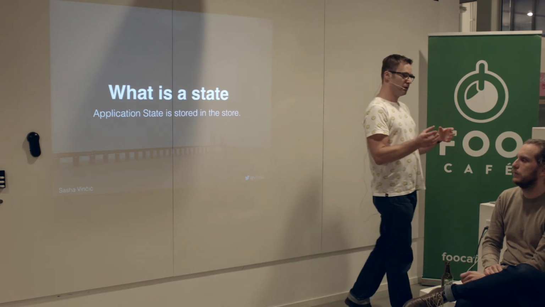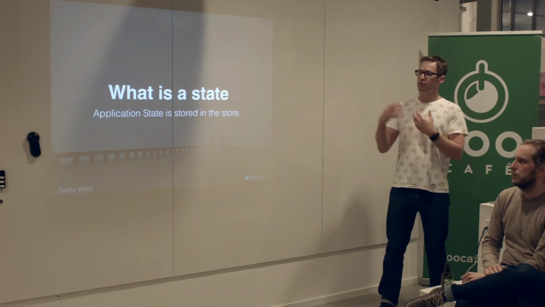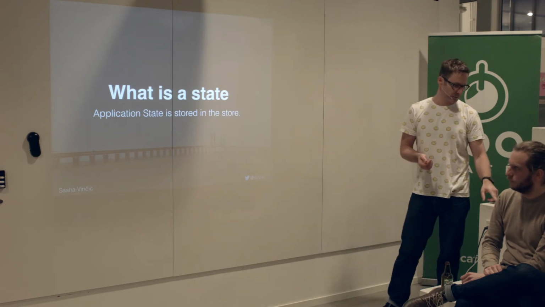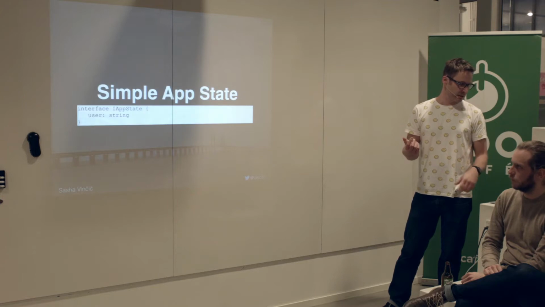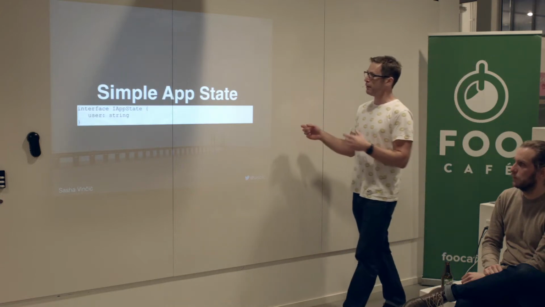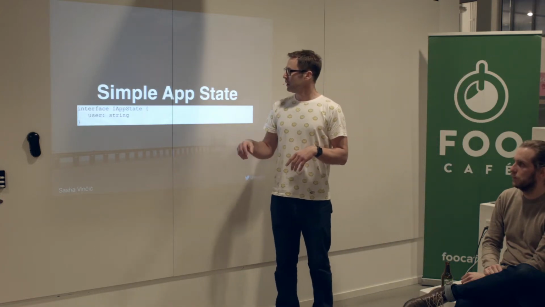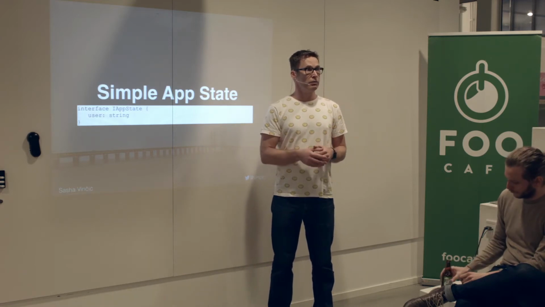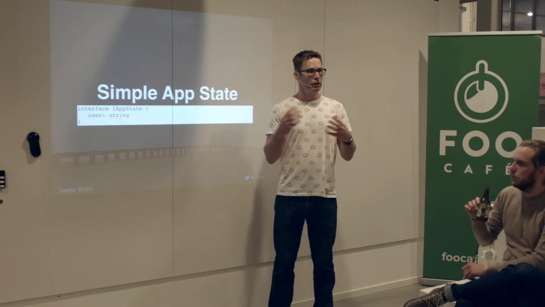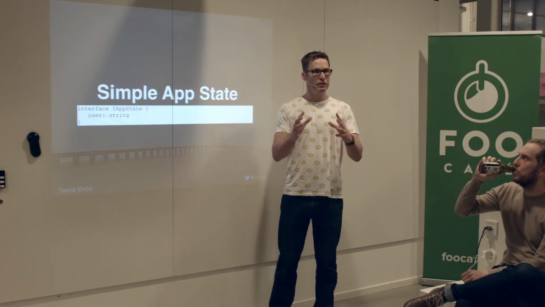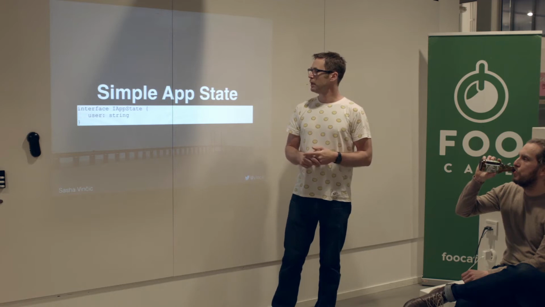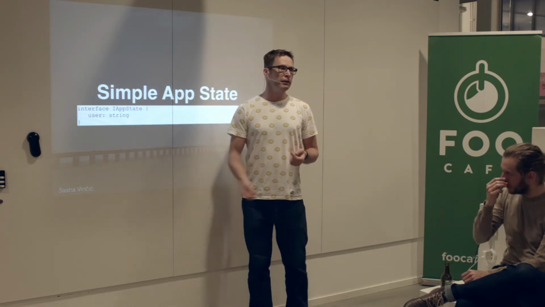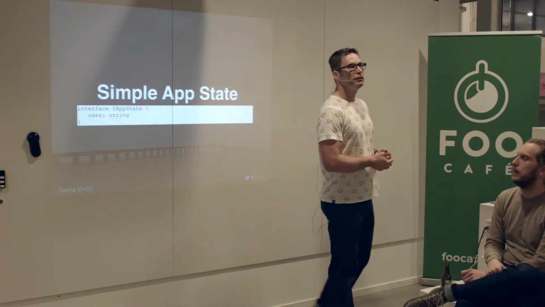And that state you store in something called the store in Redux. And states are simple JavaScript objects. So they are JSON serializable. They don't contain any functions. And when you define your application state, you define an interface and what it should have.